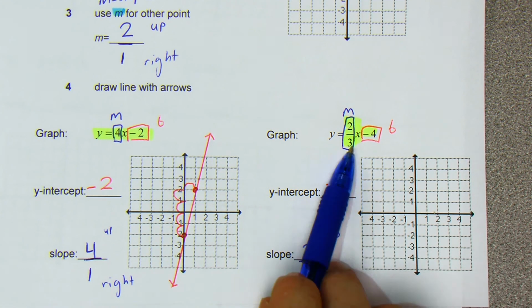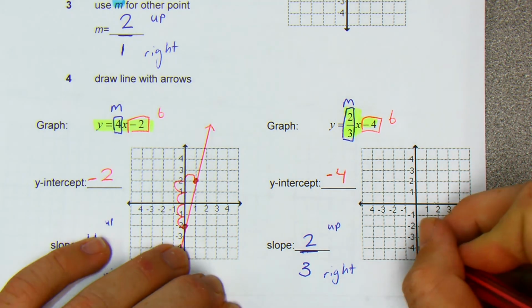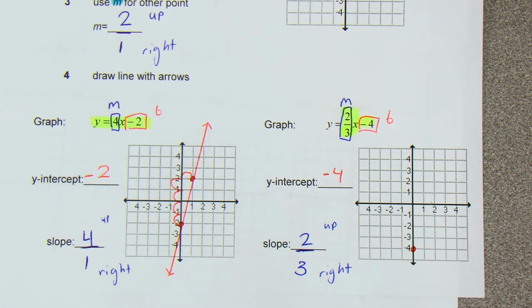So we're going to go back to step 1. It's already in y equals mx plus b form, so we don't need to worry about that. The second step is to graph our y-intercept. Our y-intercept is negative 4. So I go to negative 4 on the y-axis, which is right there. My third step is to use my m to plot my next point. My m is 2 over 3.